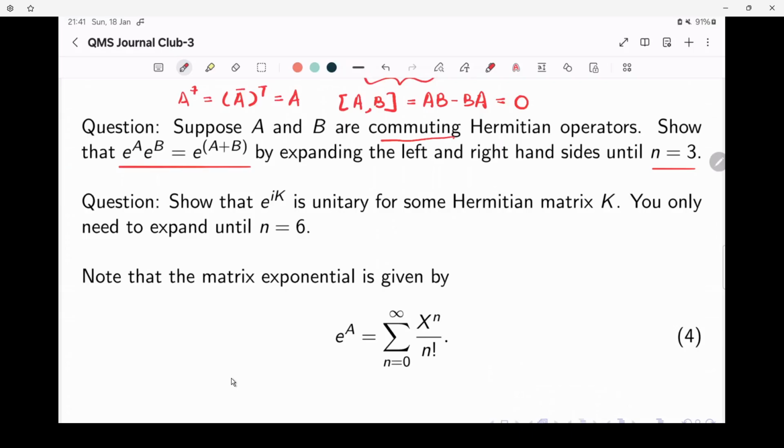You need to expand the left hand side and the right hand side. The way to perform a matrix exponential is by using this equation. This should be A, not X. So maybe I give you 5 minutes to work the first question out.